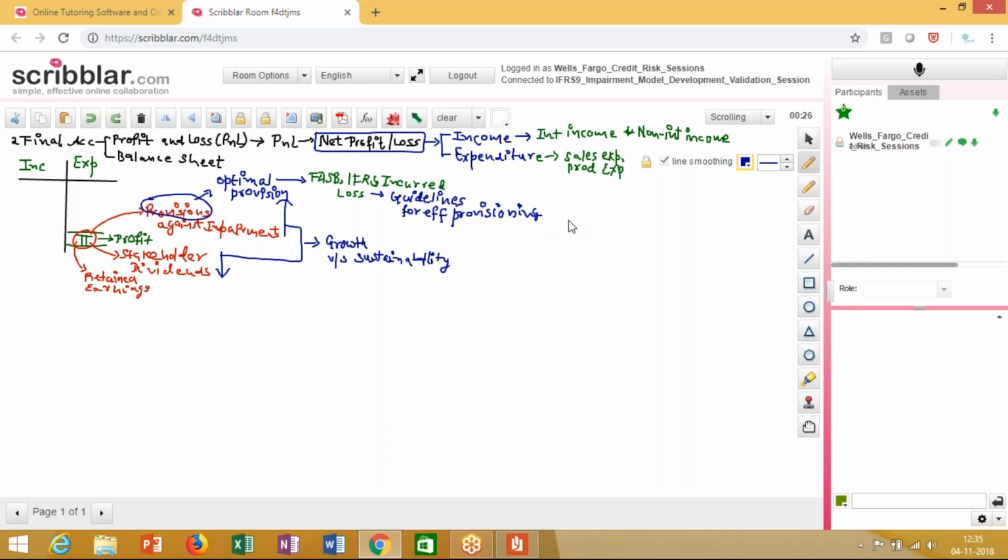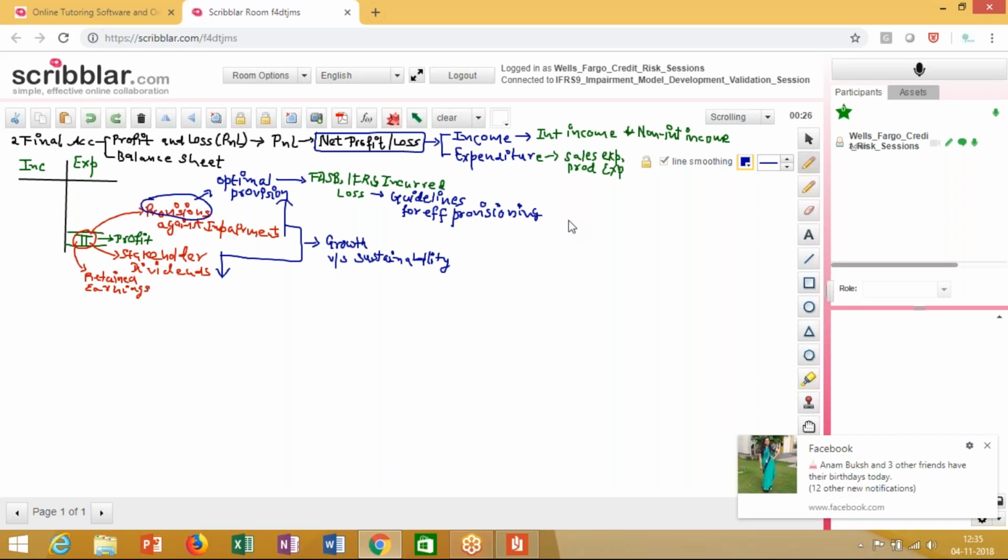Tanmay, I have one question. When we build models for provision, is there a certain percentage that we keep set aside for impairment? Basically, the output that your provisioning model gives you is the percentage that you need to provision. So out of a certain amount of profit, that percentage will be provisioned. When you are computing your ECL, or expected credit losses, you are trying to find out the expected credit loss over the next 12 months or the lifetime.